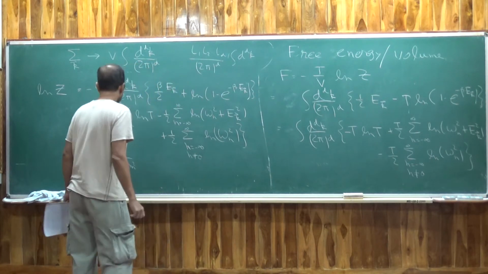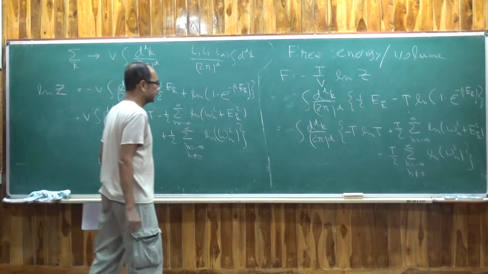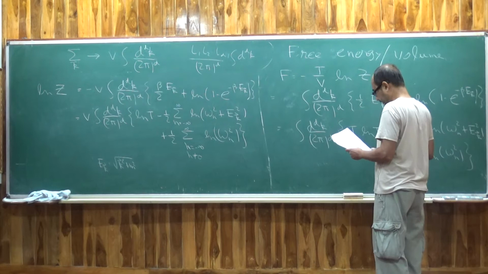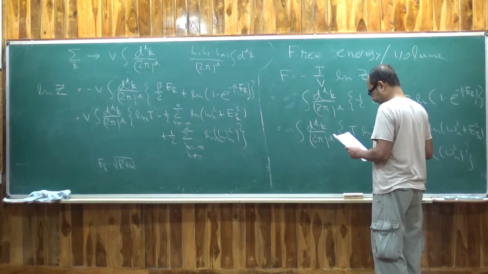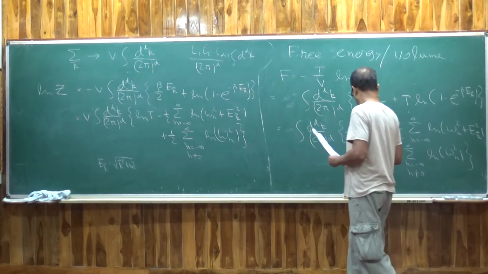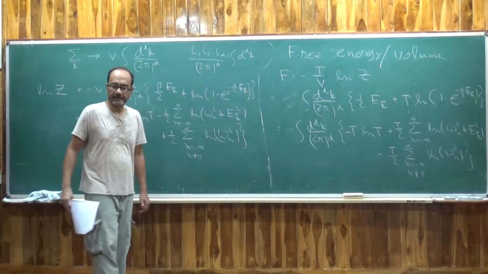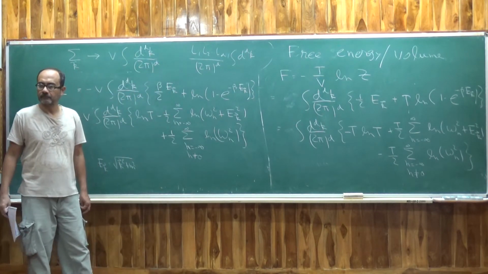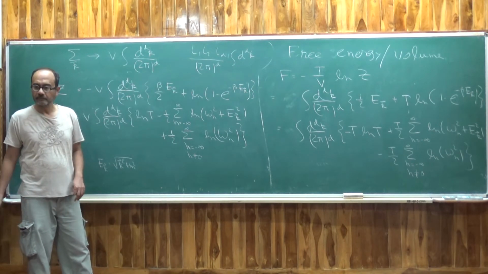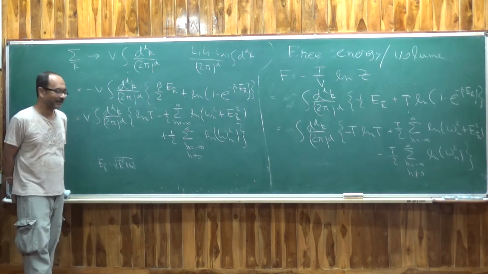Multiply by minus T, yes, I think this will be plus sign. Yeah, plus sign. Okay, is this okay? You have taken Boltzmann constant to be 1. Yeah, Boltzmann constant is 1 and h bar is also 1.